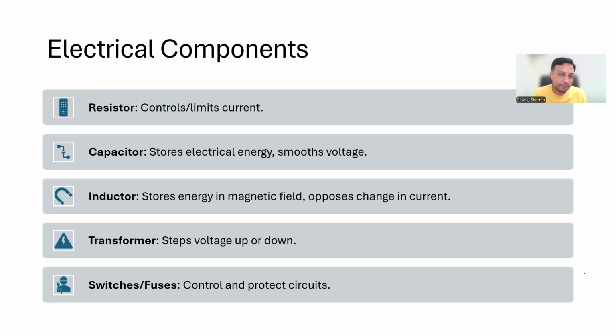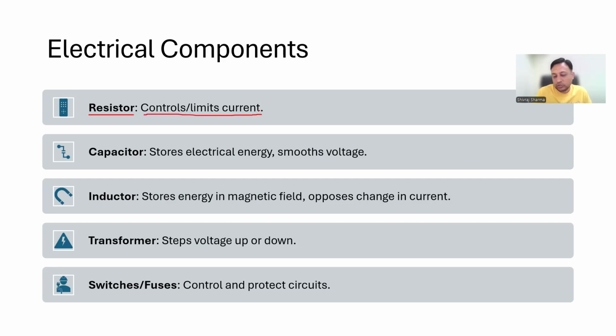Fine. Let's look at a few of the components. Maybe you've seen these components also. The very first is the resistor. See the relationship between these components and the current law. A resistor controls or limits the current.